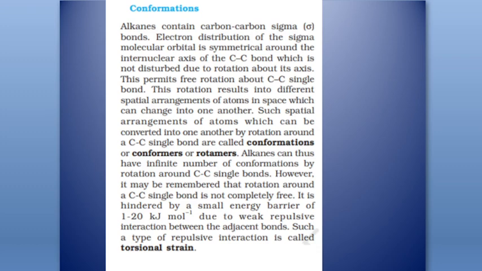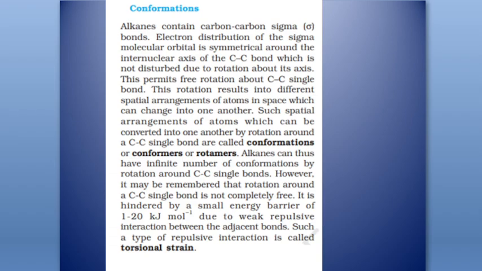Such spatial arrangements of atoms which can be converted into one another by rotation around the C-C single bond are called conformations. These are conformers or rotamers. The alkanes have infinite number of conformations by the rotation around C-C single bond.